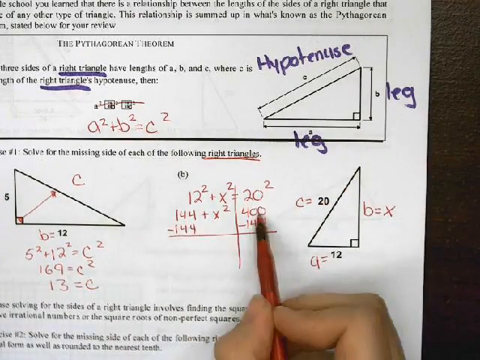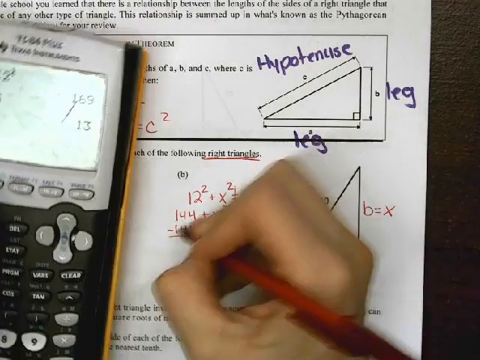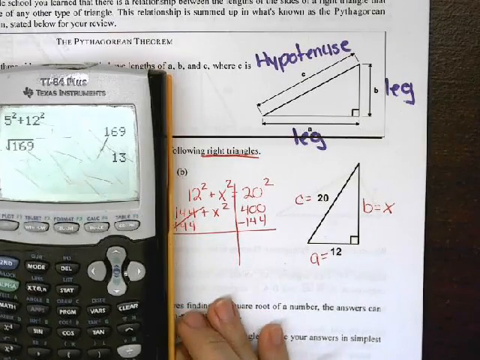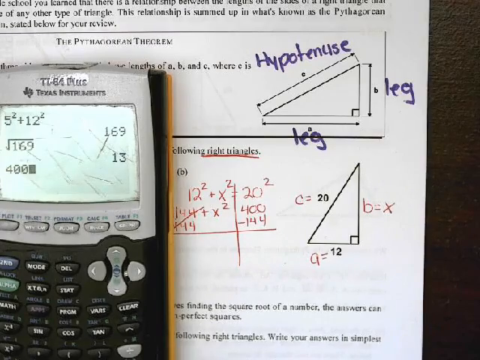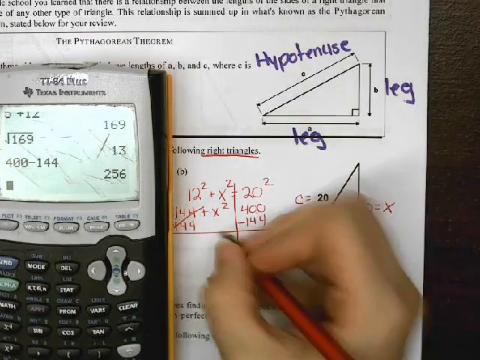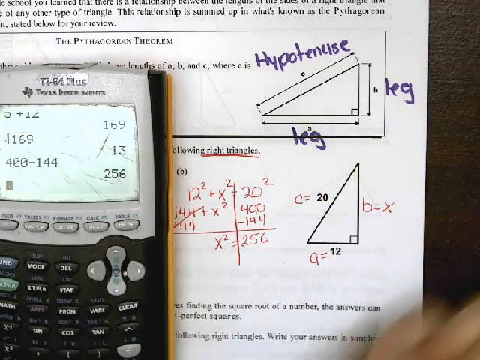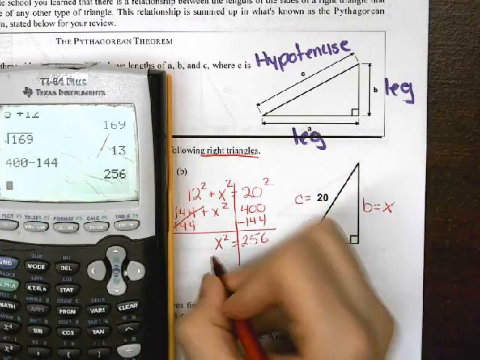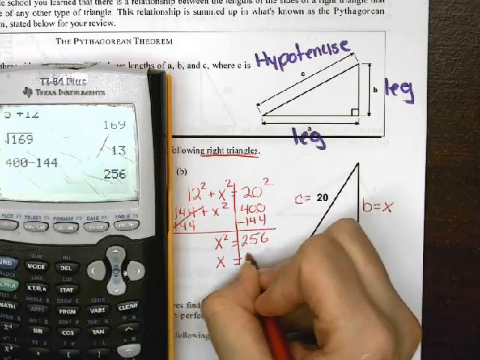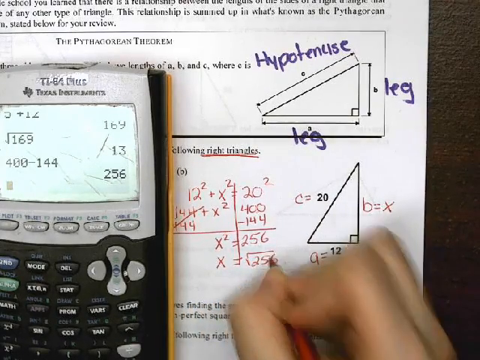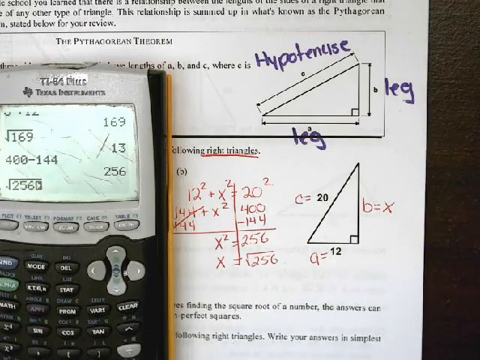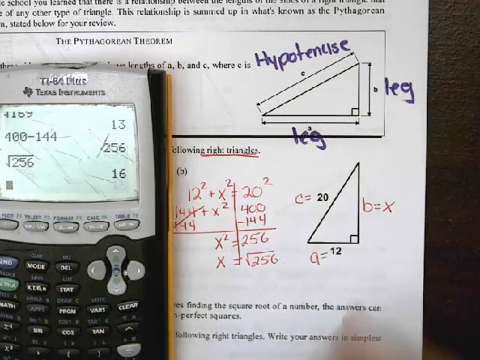I can't add these two, so I'm going to do 400 minus 144. Then x squared equals 256. Again, the last step is to take the square root of 256, which is 16.